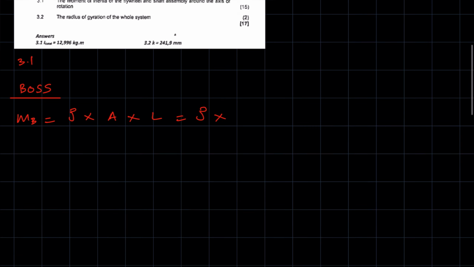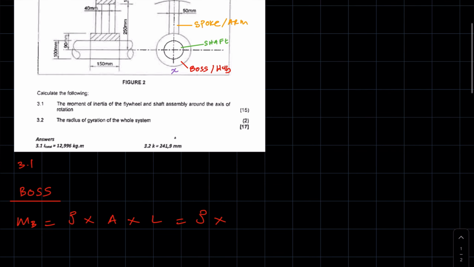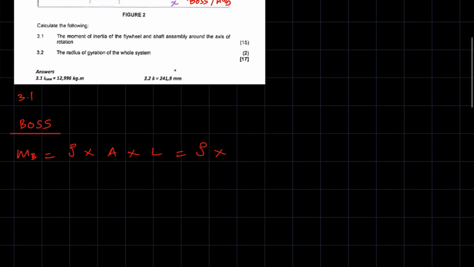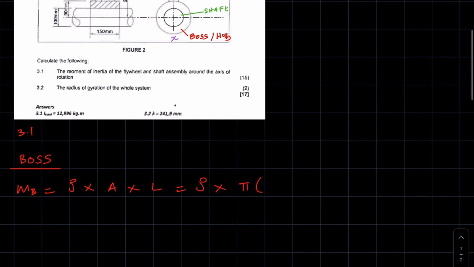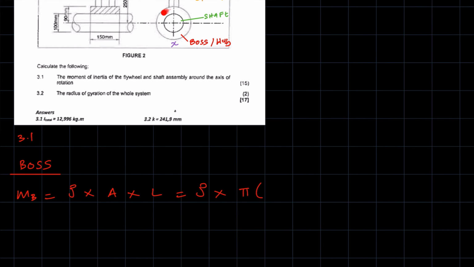The area of this boss will be pi r squared essentially, but remember now the boss is hollow, so we would have to say the radius of the boss essentially.